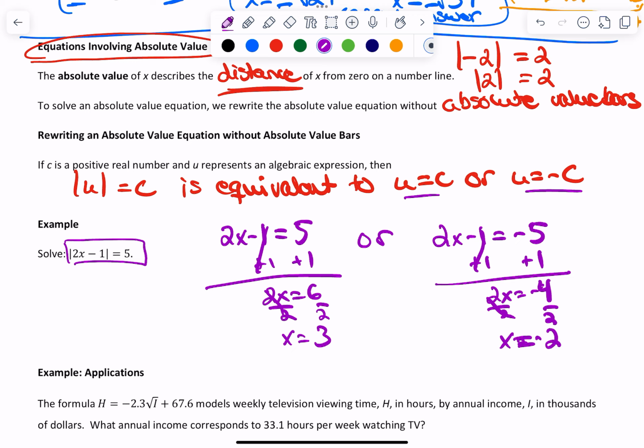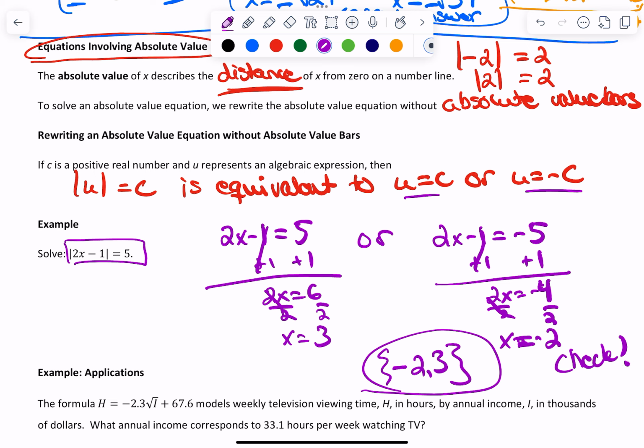So our solution set is -2 and 3 for this one. And again, as always, you should check that this is correct, plugging in one at a time inside the original one.